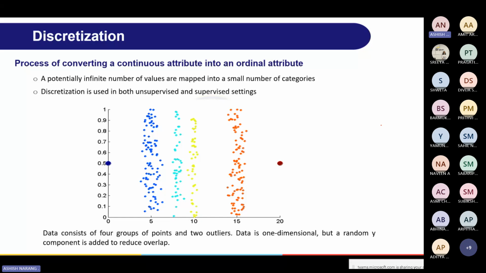Another thing that we do is discretization, where many times we convert a continuous attribute into an ordinal, right? That is known as discretization.